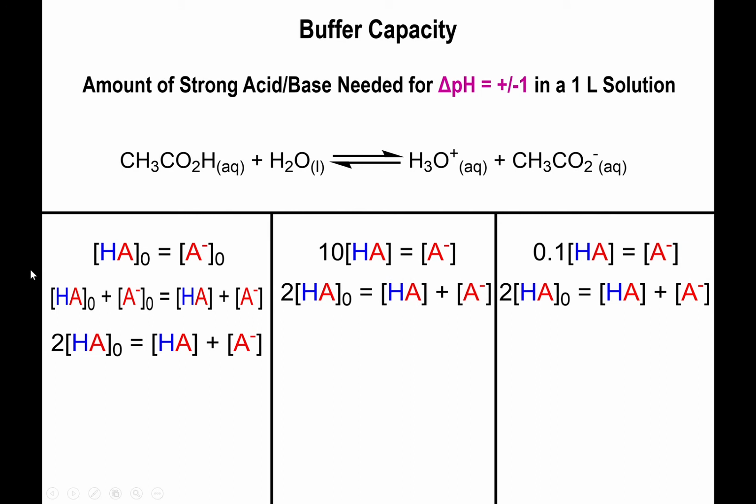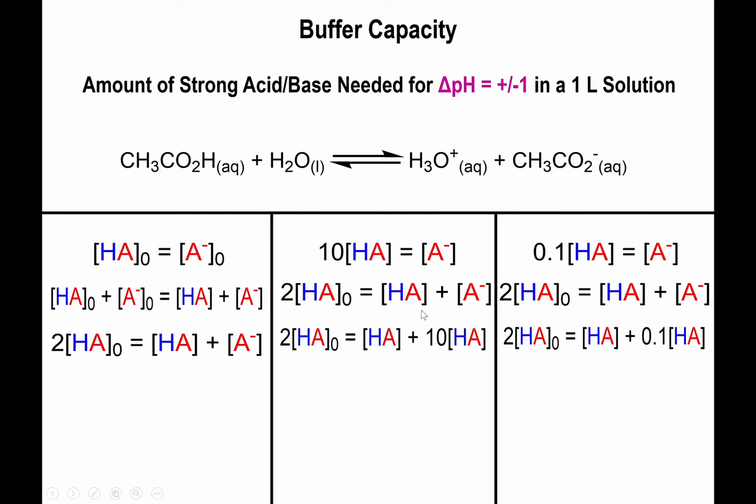Alright, and that applies to either version of the equation here. Now the difference is that we also have an expression for the final concentrations. On the one hand, 10 times the value of HA is the value of A minus. On the other hand, 1/10 of HA is the value of A minus. So we're going to literally substitute those expressions for the value of A minus.